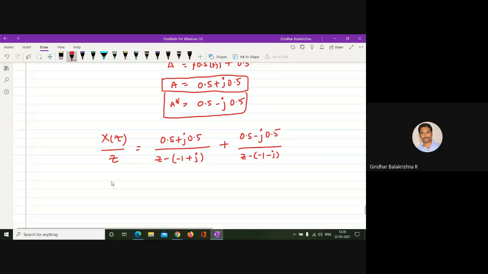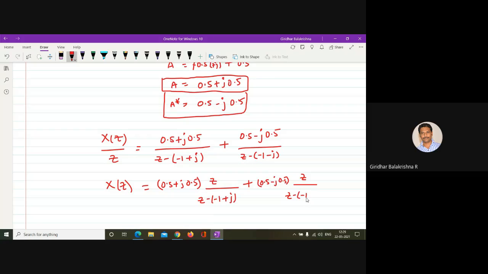Shifting this z to the right side, X of z equals (0.5 plus j 0.5), a constant, into z by z minus of minus 1 plus j, plus (0.5 minus j 0.5), a constant, into z by z minus of minus 1 minus j.